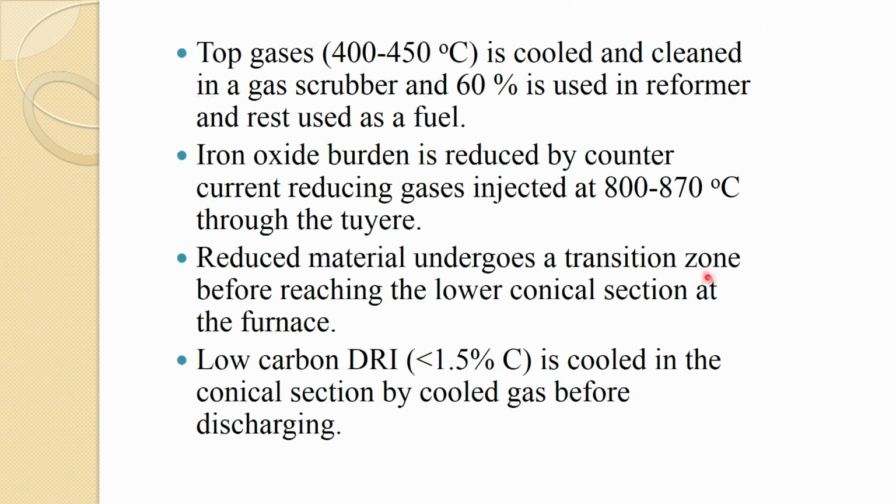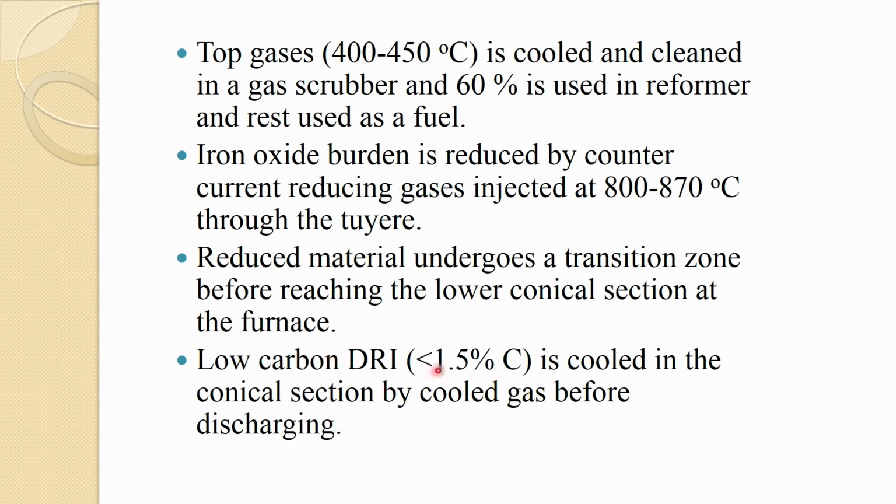Reduced material undergoes a transition zone before reaching the lower conical section of the furnace, where it is cooled down. Low carbon DRI, less than 1.5% carbon, is cooled in the conical section by cooled gas before discharging.